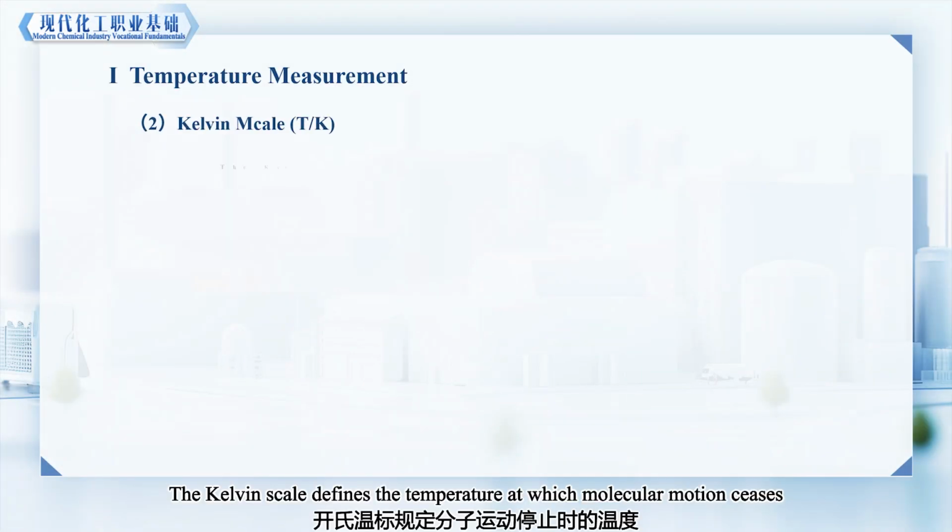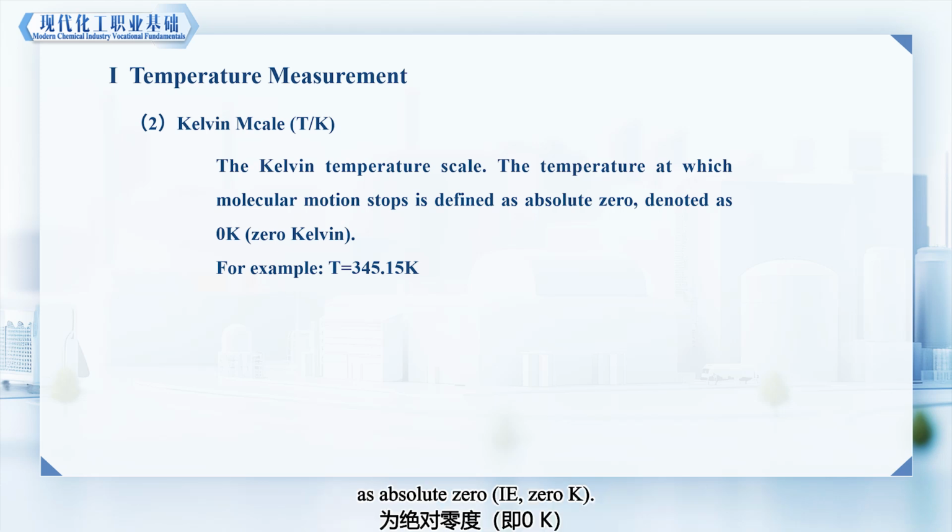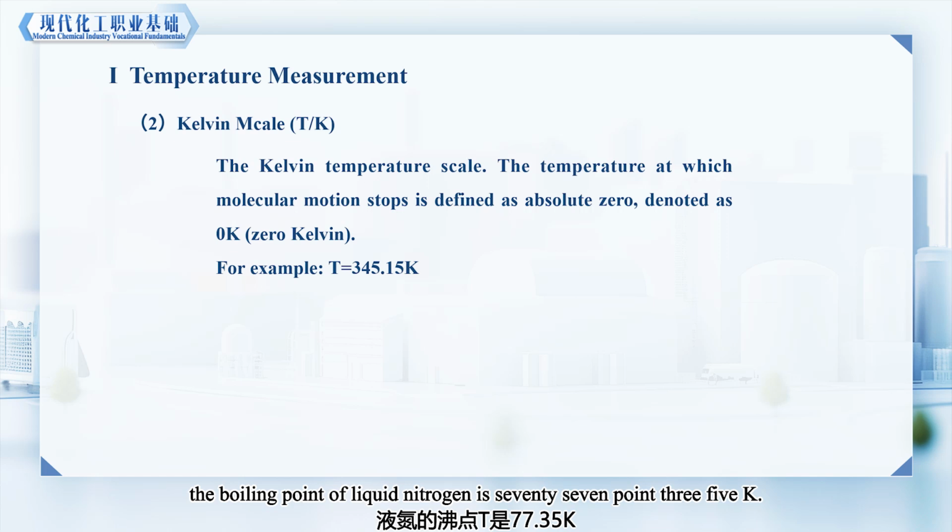The Kelvin scale defines the temperature at which molecular motion ceases as absolute zero, i.e., 0 K. In certain low temperature chemical processes, such as air separation for producing liquid nitrogen and liquid oxygen, the Kelvin scale is used. For instance, the boiling point of liquid nitrogen is 77.35 K.